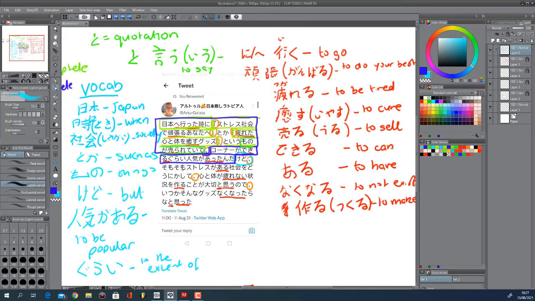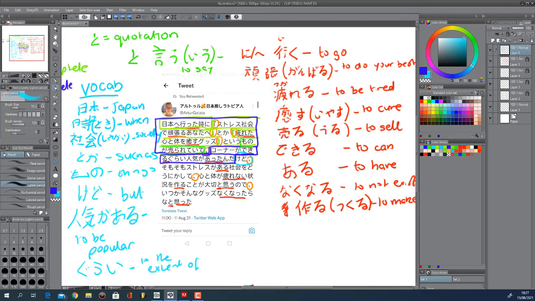Now, ぐらい, it's not really a noun, but because we can see it as a noun in this case, it's saying to the extent of it having its own corner in the shop. コーナができる, its own section in the shop. So that's what it means, コーナ in this case.